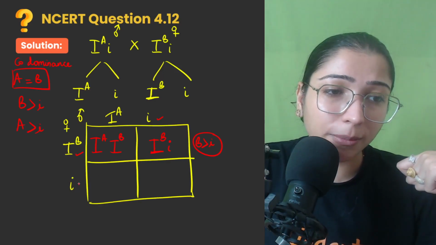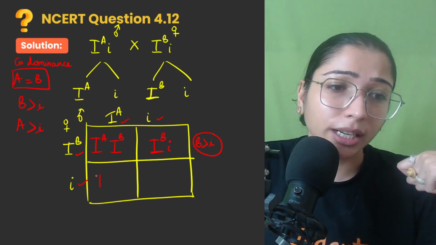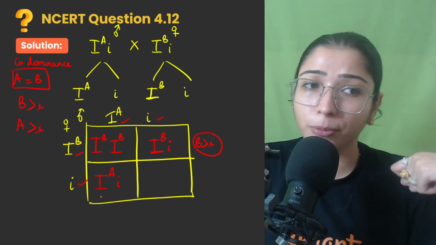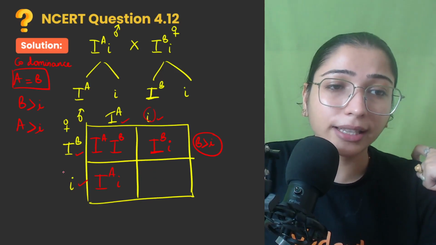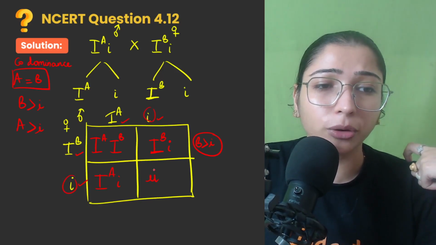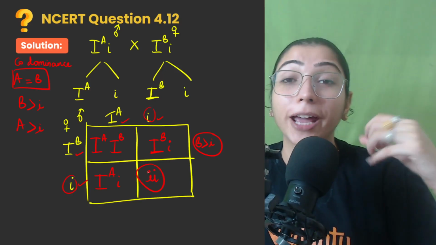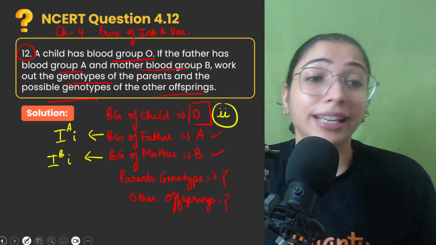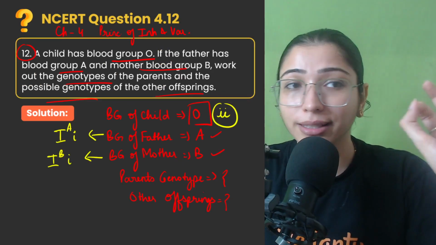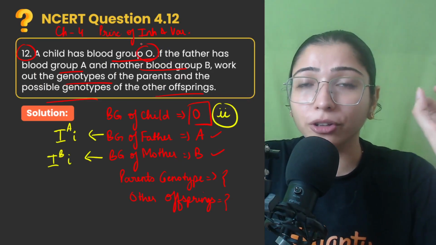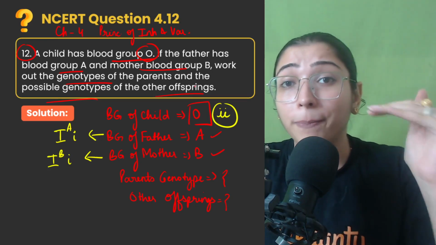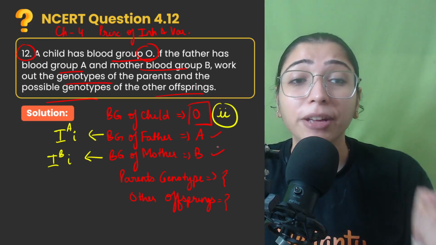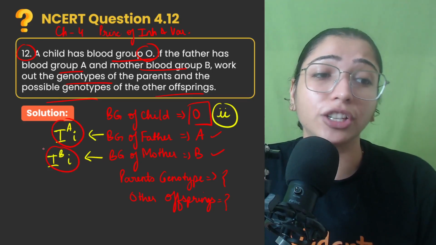Third case में when I made small i with this A, it will be A blood group, right? Heterozygous A. And lastly if I made this i with this i I am going to get children of O blood group type. It means the information given in the question matches now with our result. So child was having a blood group O. Blood group O is only possible with the parents of A and B blood group type if they are heterozygous with their genotypes, right?